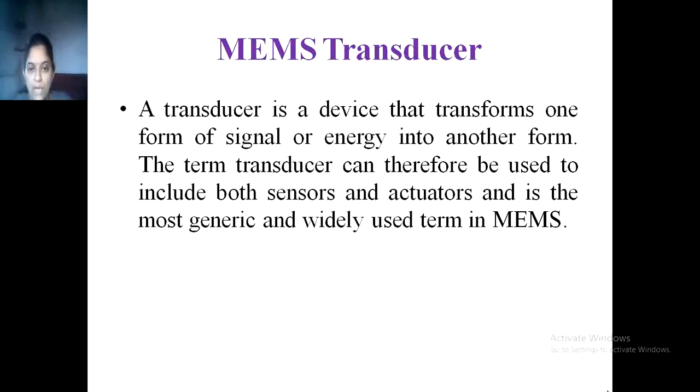We know that a transducer converts one energy form into another. A transducer is a device that transforms one form of signal or energy into another form. The term transducer can therefore be used to include both sensors and actuators, and is the most generic and widely used term in MEMS.